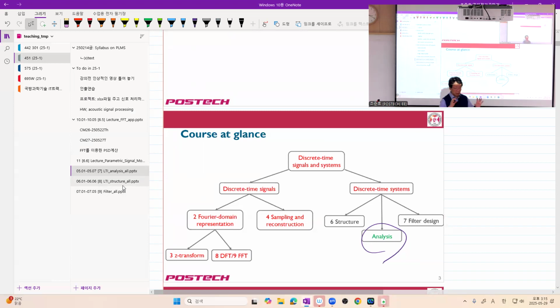These days, we have commercial tools to solve almost every problem here. And what you need to do is to be equipped with terminologies related to filter design, like what is stop band, what is pass band, and what is the location of pole and zero, which you learned throughout this course.